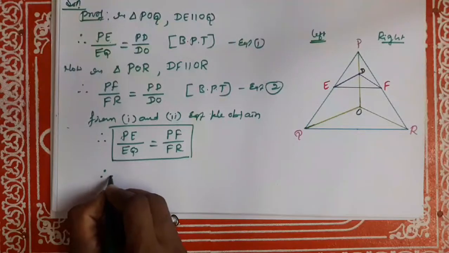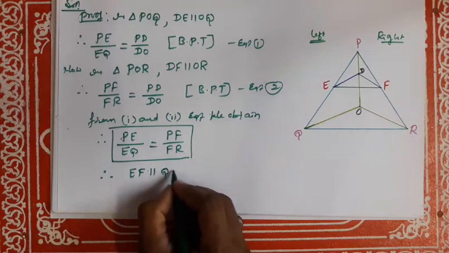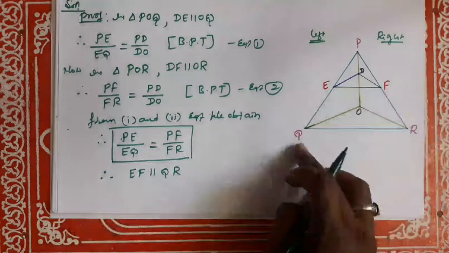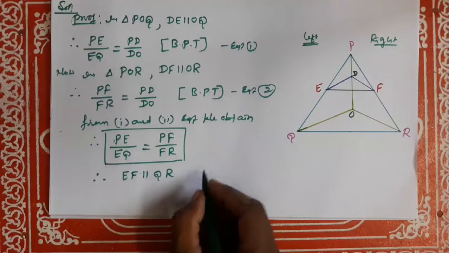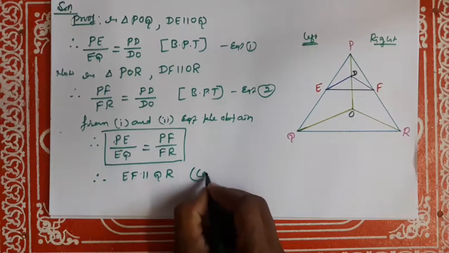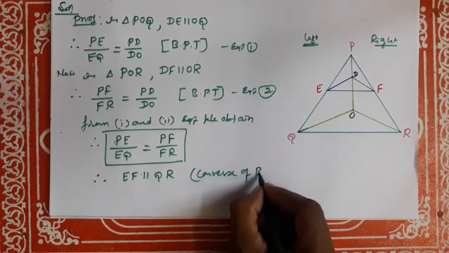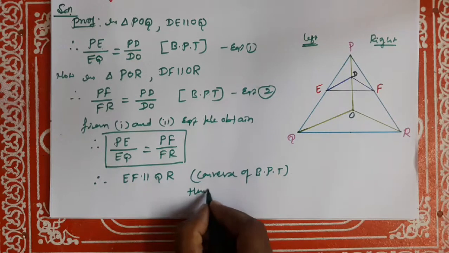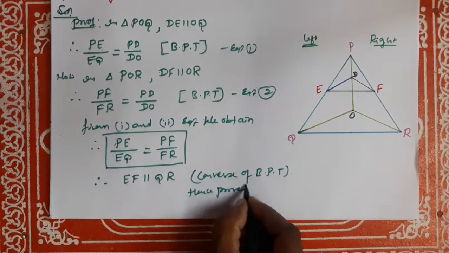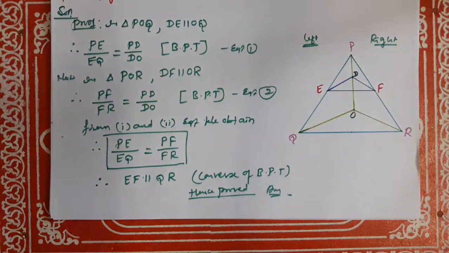Therefore, EF is parallel to QR. This is the converse of the basic proportionality theorem. By the converse of BPT, hence proved. This is the answer.